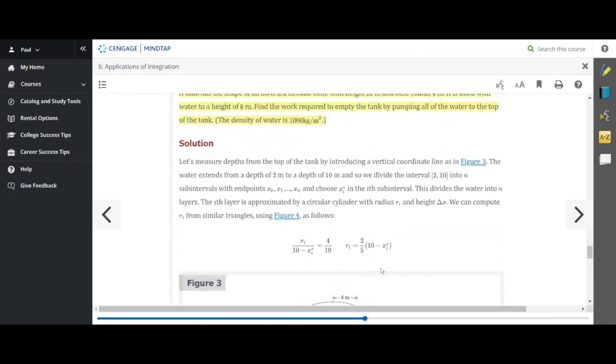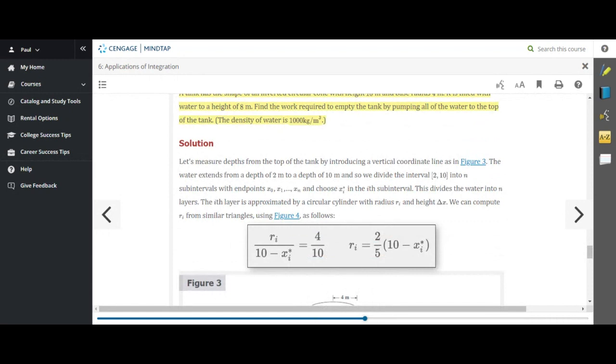Here is that proportion, and we can solve for the radius in terms of the variable x sub i, the distance that the cylindrical ith layer of water is from the top of the tank. The radius is equal to 2/5 times 10 minus xi.